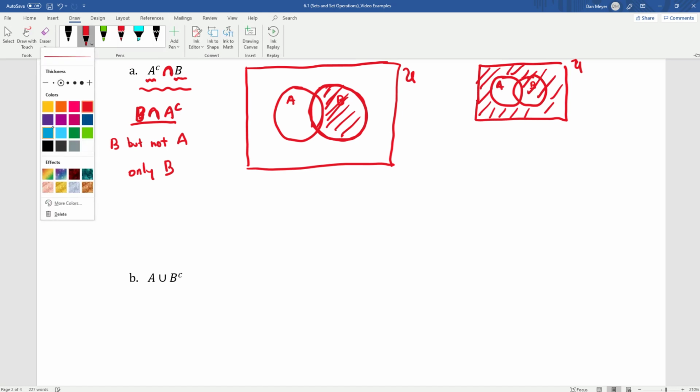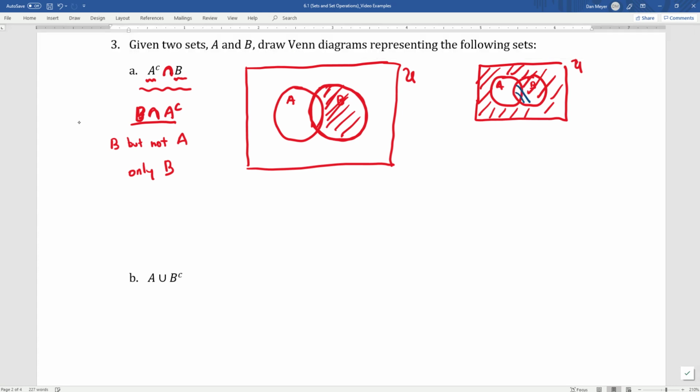Just switch colors to blue. B would be that circle right there. And then the intersection is the overlap. Okay? The part that gets shaded both red and blue.